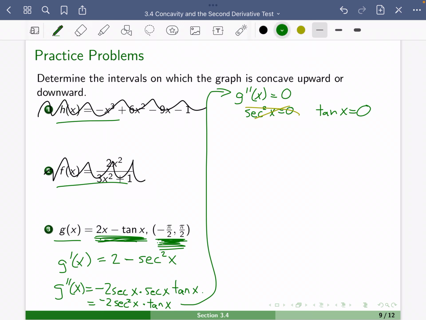For tangent, this is going to be 0 when x is 0. In fact, when x is any multiple of pi, but 0 is the only one in this interval that we are interested in. We should also think about where that second derivative fails to exist.